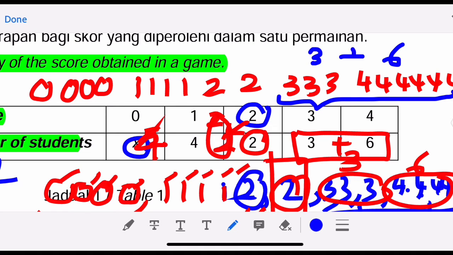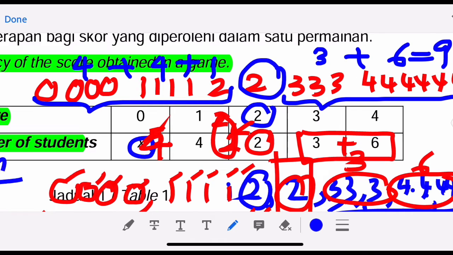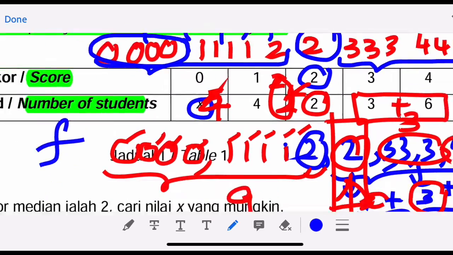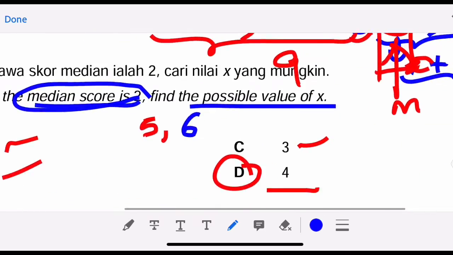So you have total 9 data here, and here you got 4. You have 4. You have 1 plus you have 9 data here. So the median is 2, right? So that means x. X means how many 0? Of course, 1 0, 2 0, 3 0, 4 0. You have 4 0. So x is 4.